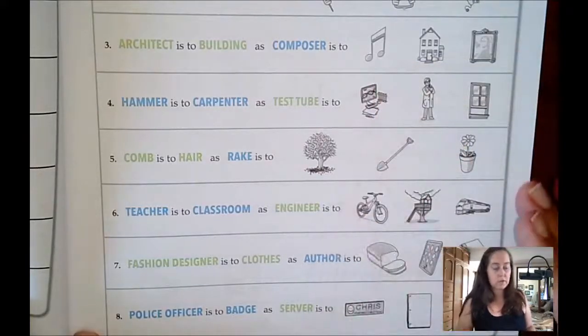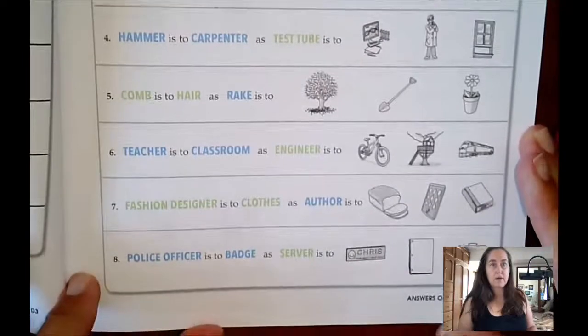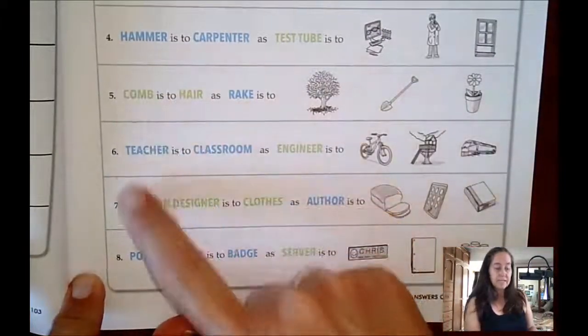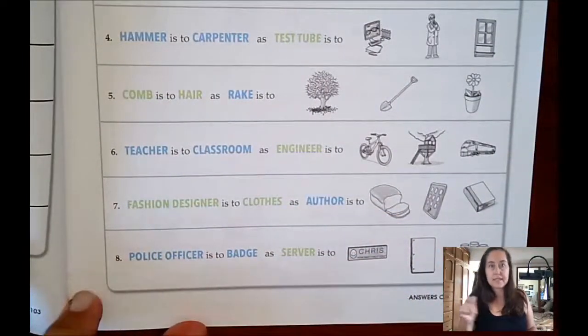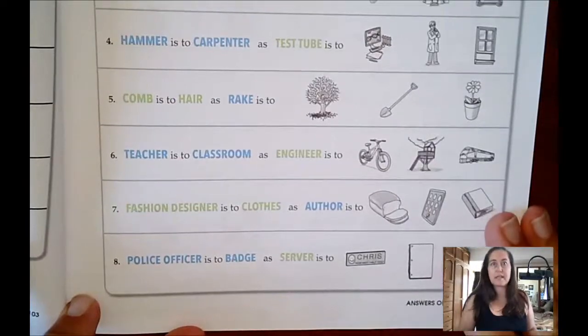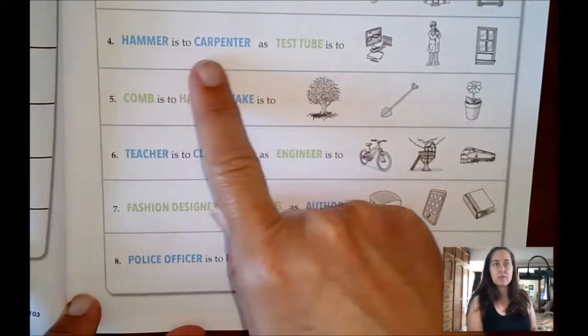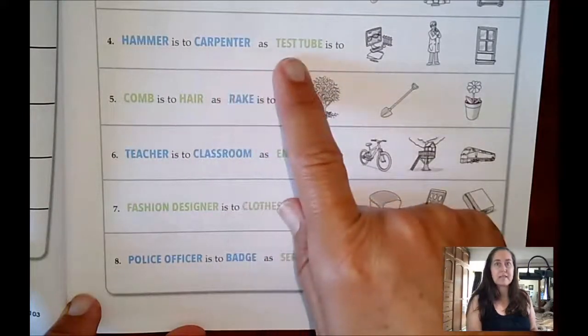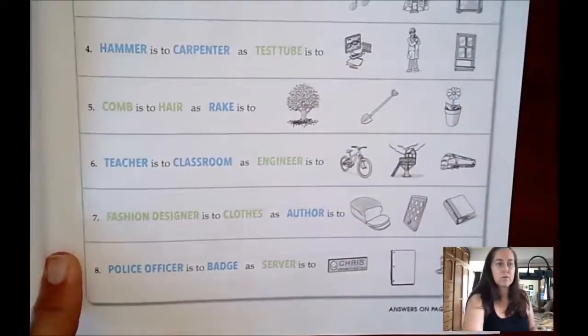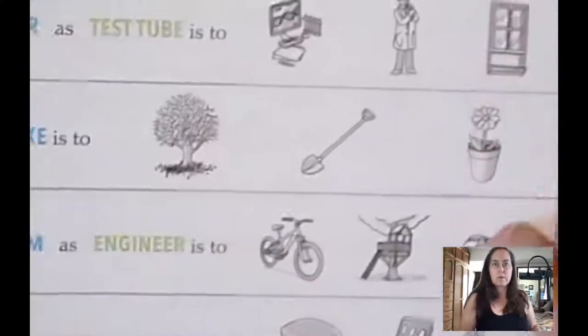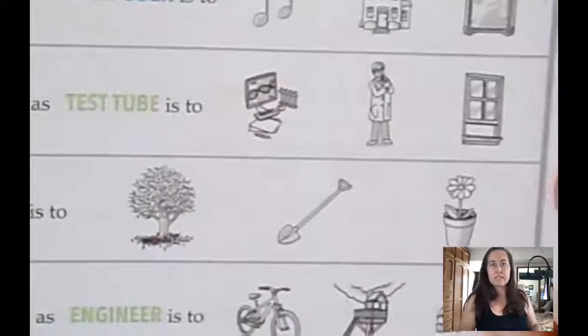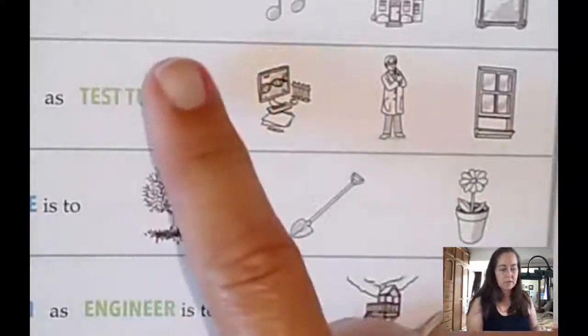All right, here we go. Now for 4, 5, 6, 7, and 8, I want you to write it down on a piece of paper what you think it is, and then at the end I'll come and we can check. Hammer is to carpenter, as test tube is to, which is test tube related to?